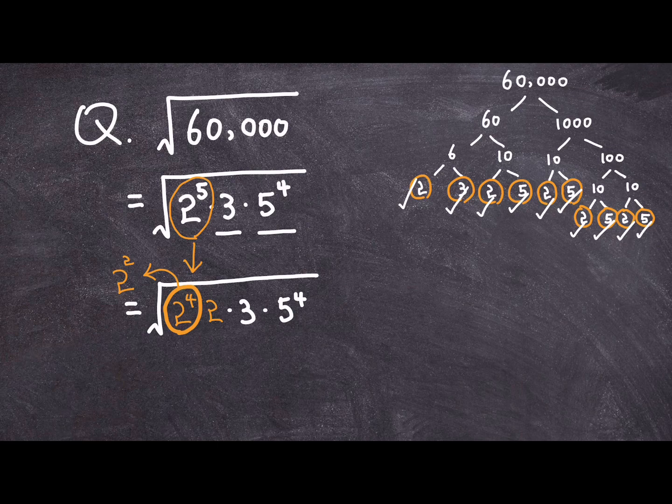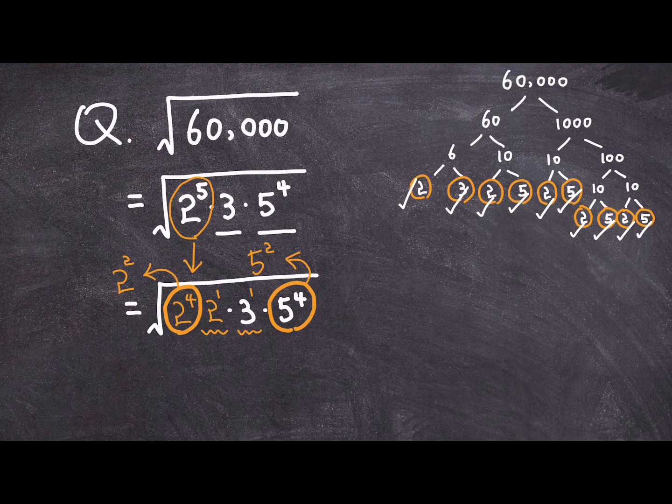Okay, and another number, which is right here, gets to escape the square root sign as 5 to the power of 4 over 2, or 4 divided by 2, which is 2. Now, 2 to the power of 1 and 3 to the power of 1, unfortunately, those two numbers have to stay underneath the radical sign because they don't have their pair.